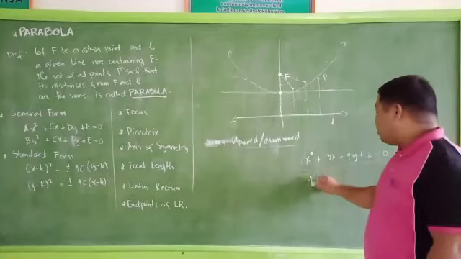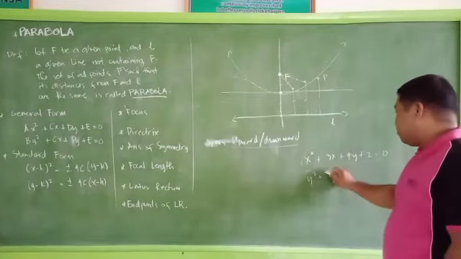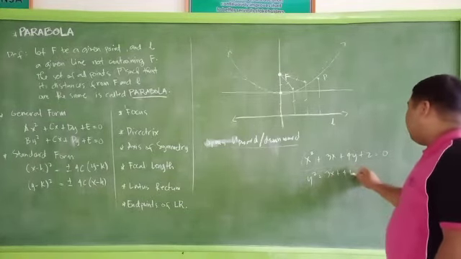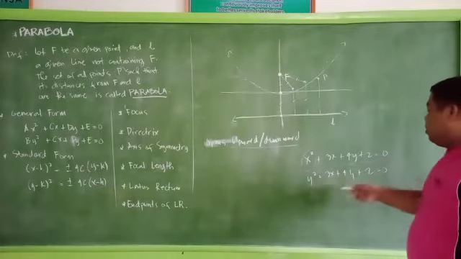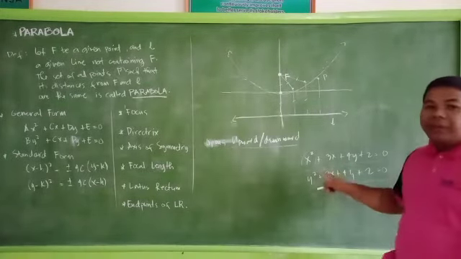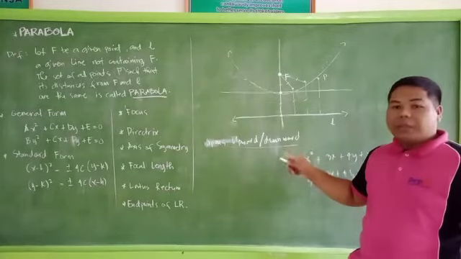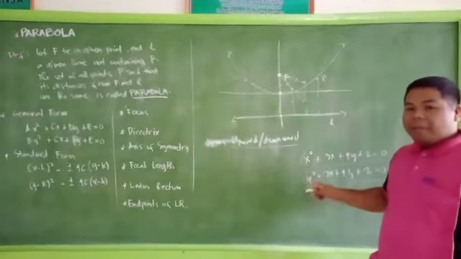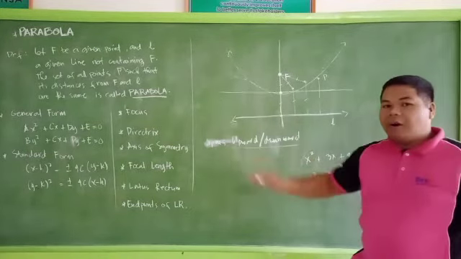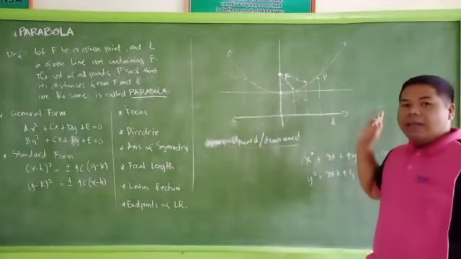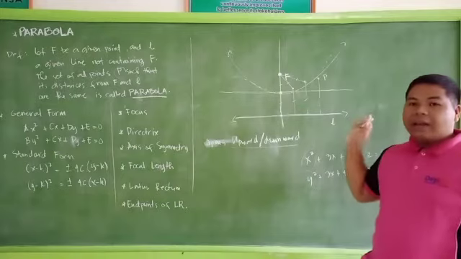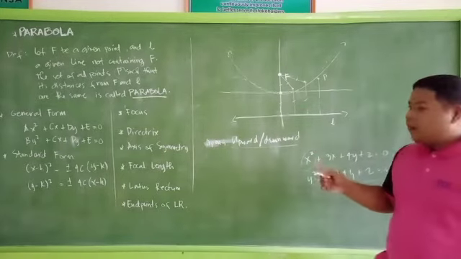Halimbawa naman, meron ako ditong y² + 3x + 4y + 2 = 0. So obviously, since y squared yung ginamit na dito, yung parabola natin is hindi na upward or downward yung orientation niya. Instead, magiging opens to the left or right na siya.